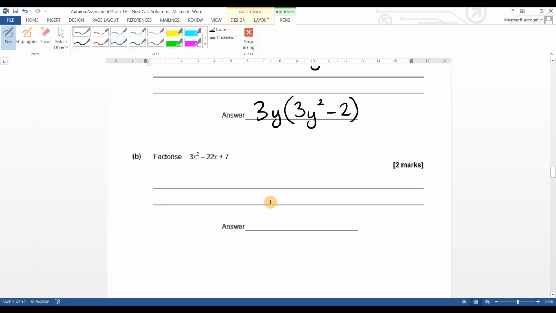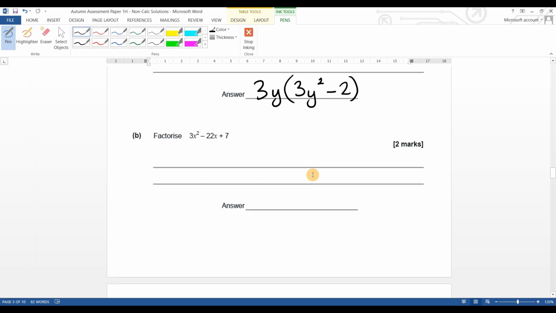Factorize this. Definitely double brackets. Bit of a tricky one this, because we've got an x squared that's greater than 1. You could do it straight from that and just give the answer.